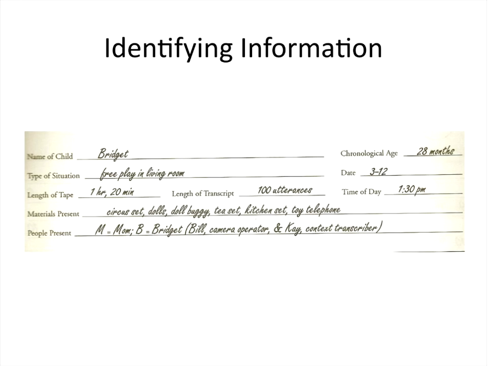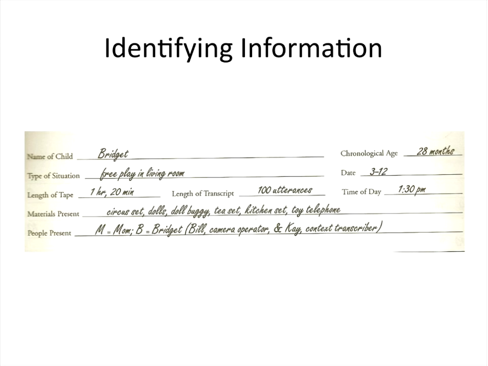All right. So this is what the form looks like. Part of the form. Those of you who've already gone on content and looked at the forms, you can just type this up yourself. Name of child, of course, make up a name. Don't give me the real name or put his initials. You can just put BJ, or you can put Buddy. You can put your cat's name, I don't care. Put the chronological age of the child. I may need to teach you how to do chronological age.